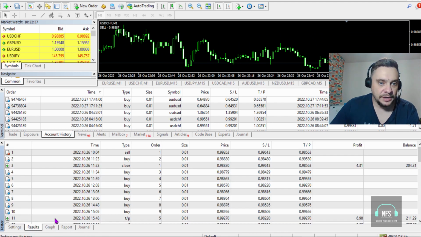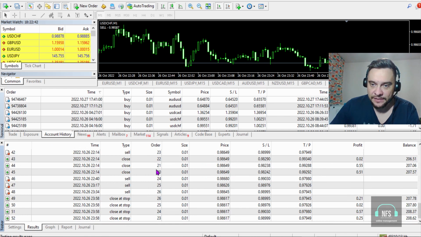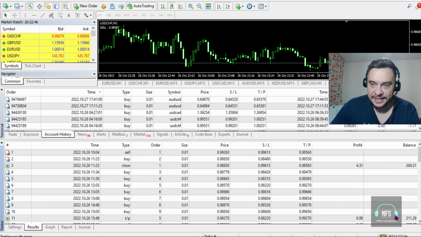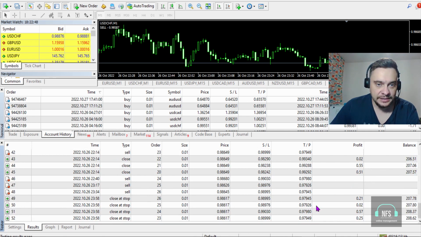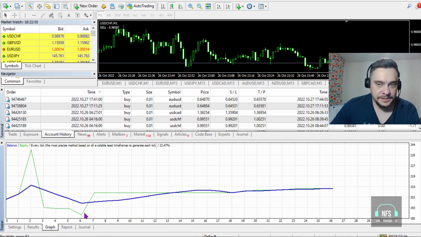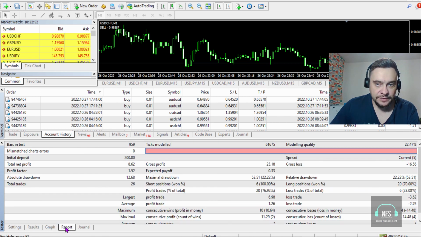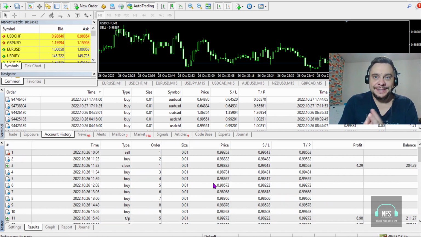Let's see the results here on USD/CHF, and as you can see we have more trades here. 208, started from 200. This is the graph here. We have the report, total profit 862. Anyway, from this backtesting here on the MT4 platform, the results are great, as you can see.